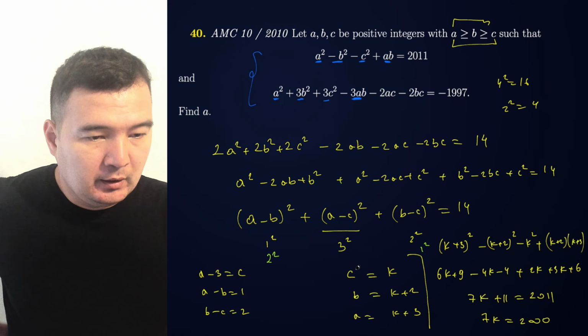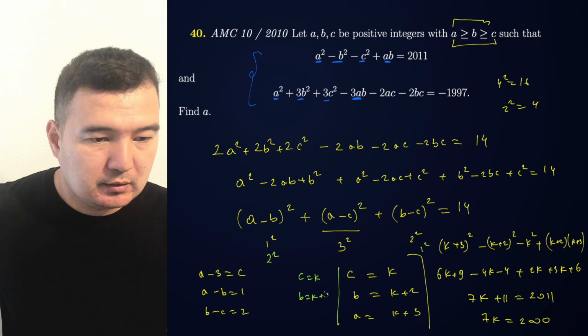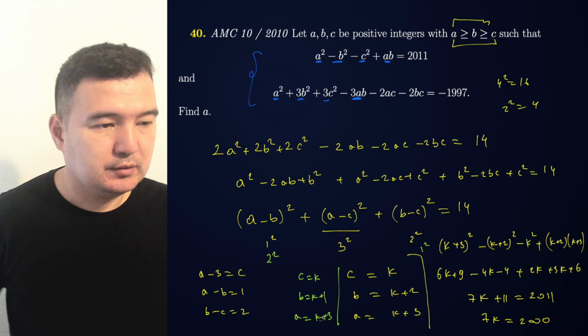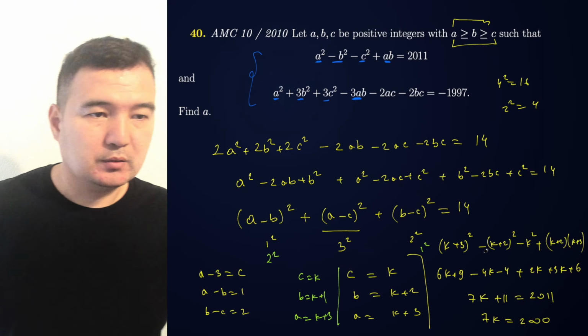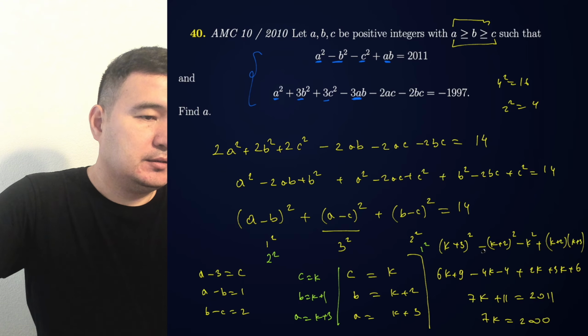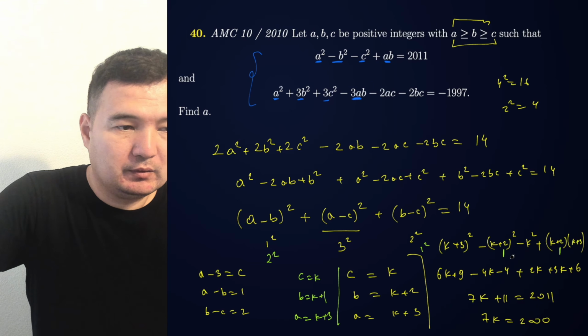In that case, C is k, B is k plus 1, and A is k plus 3. The only thing that changes in this equation is the value of B, which is k plus 1.